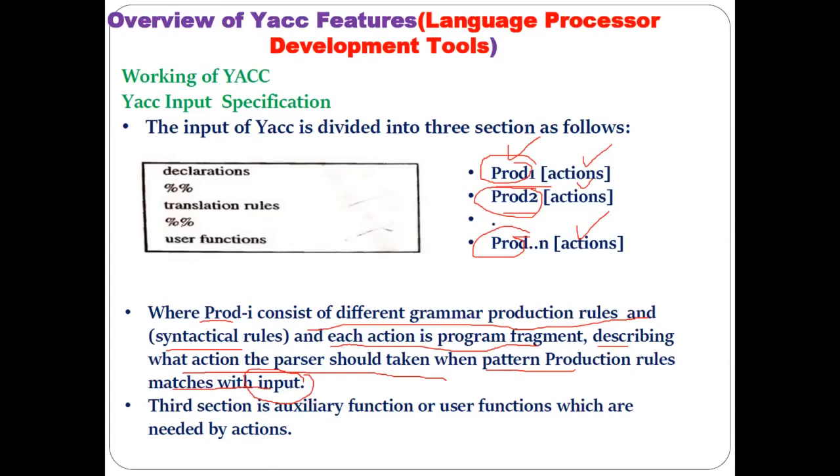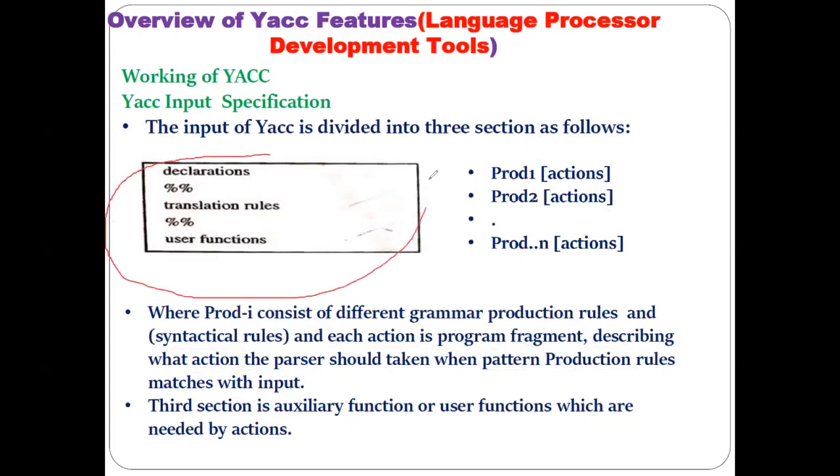So this is your second section, the translation rule section, and the third section is the auxiliary function or user function, where you write some different functions. Like in Lex, the user function section has the function yylex to call the Lex tool or the Lex compiler.